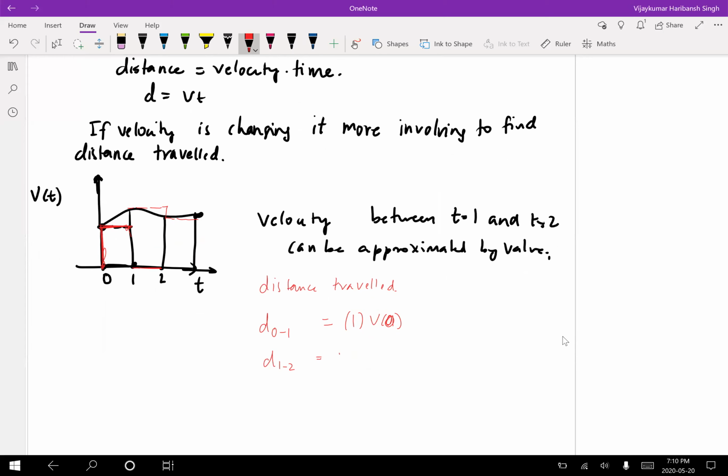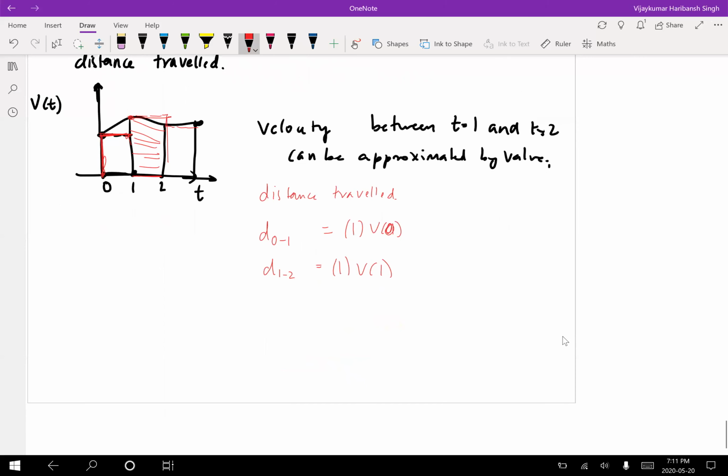The time is 1, and we are approximating velocity by the left hand point. So this is going to be v of 1. And then distance from 2 to 3 is going to be again approximated by 1 as the time, because the time width is fixed, and velocity at that is v2. So we are using the left hand point. So the total distance traveled would be roughly 1 times v0 plus 1 times v1 plus 1 times v2.